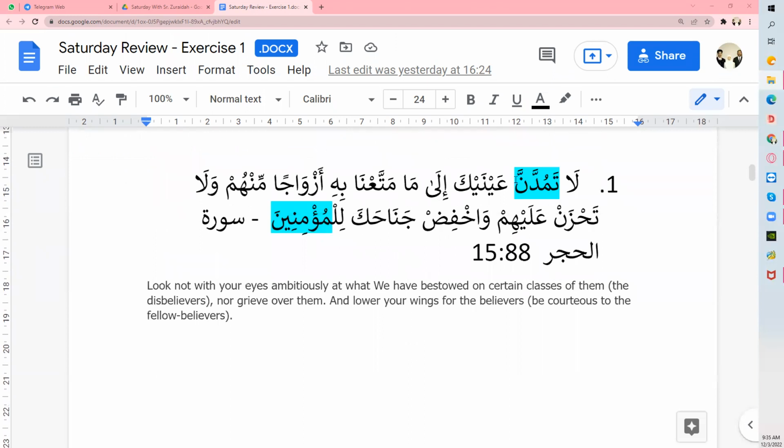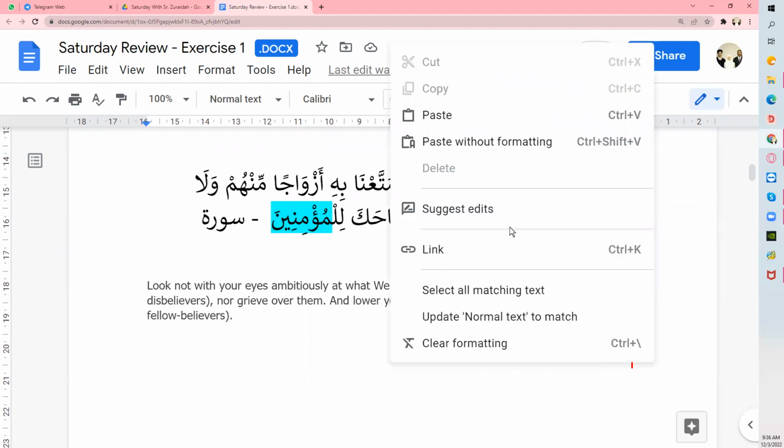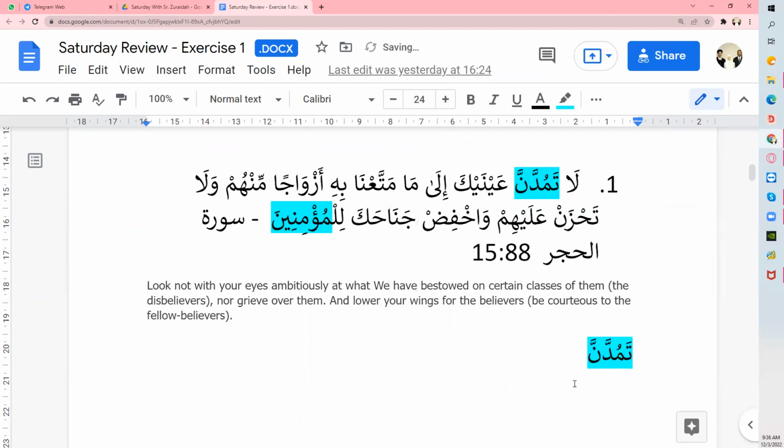Okay. This one, can I just say is family 5? This is family 5. Okay, hold on, let me put that. What are the root letters? It's mim dal dal. Yes, it's a repetition, right?